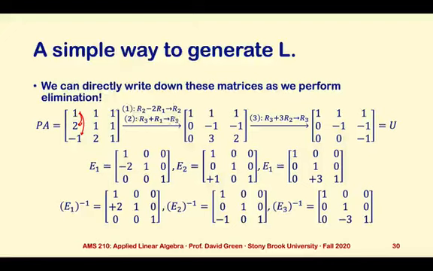The elimination matrices for each of these forward steps are written down in a very simple manner. We identify the row we're working with, say row 2, and the row we're using as a pivot, row 1. Target row 2, pivot row 1: we look in row 2 and column 1.